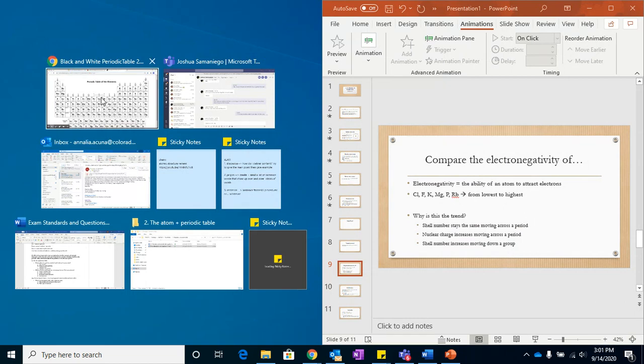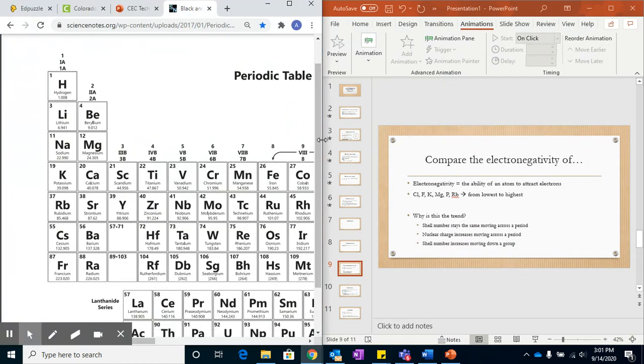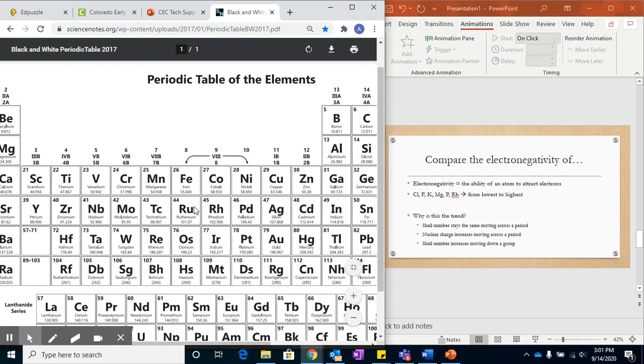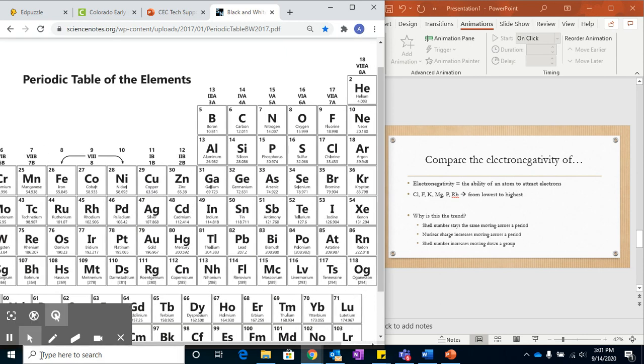I wonder how can we make this work without it being too painful. Let's just try this. Let's see how it goes. I've never done this before. We have chlorine here. We have fluorine here. I have potassium.